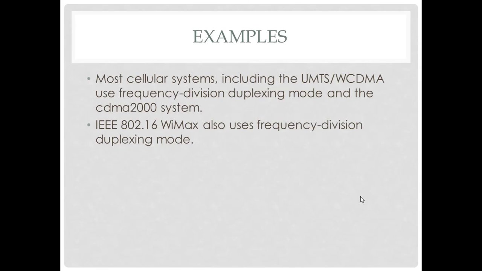Frequency division duplexing is used in most cellular systems, including UMTS, WCDMA, and the CDMA 2000 system. Also IEEE 802.16 WiMAX uses frequency division duplexing mode.